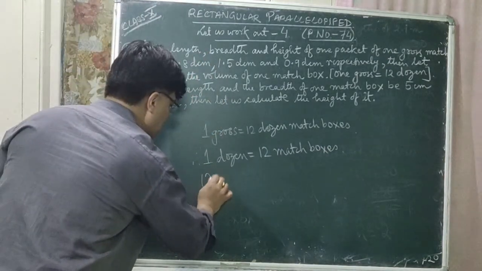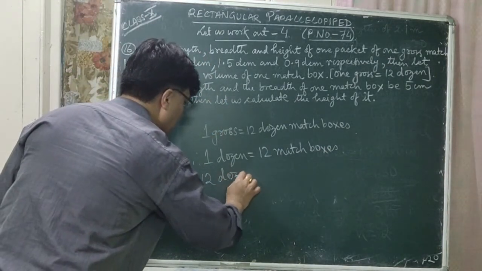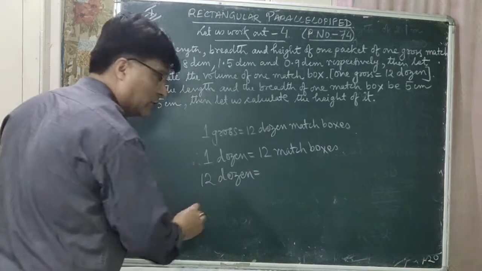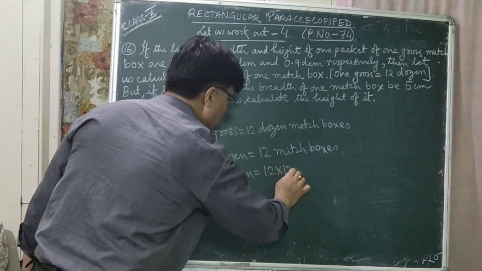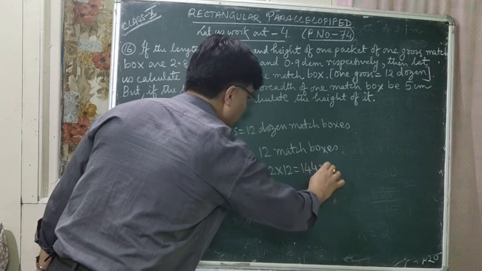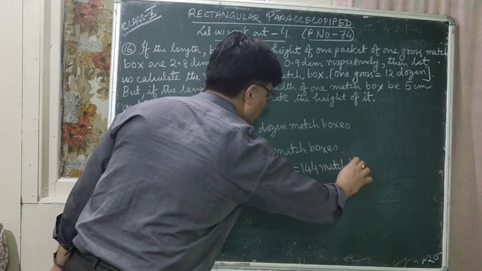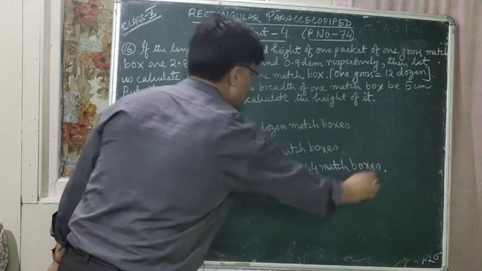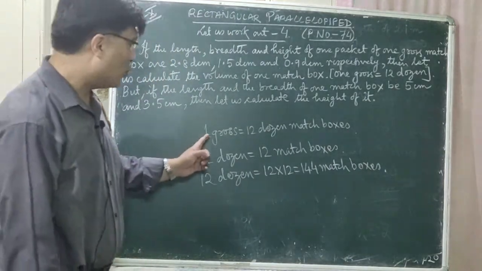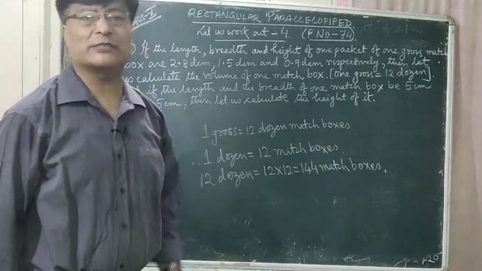So 12 dozen is equal to 12 multiplied by 12, which is equal to 144 matchboxes. That means one gross is equal to 144 matchboxes.